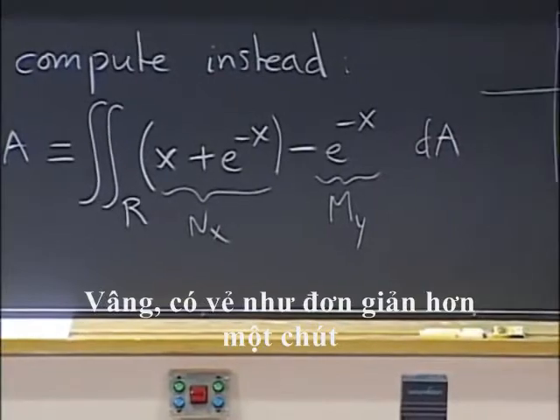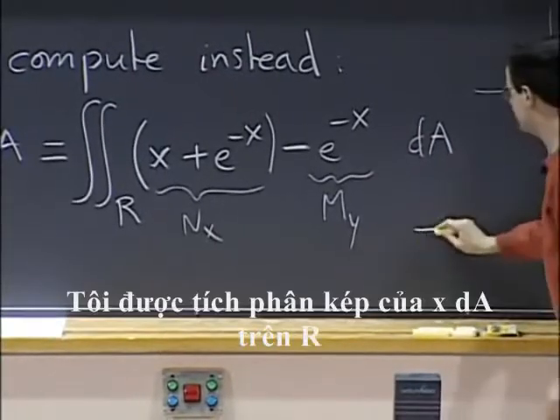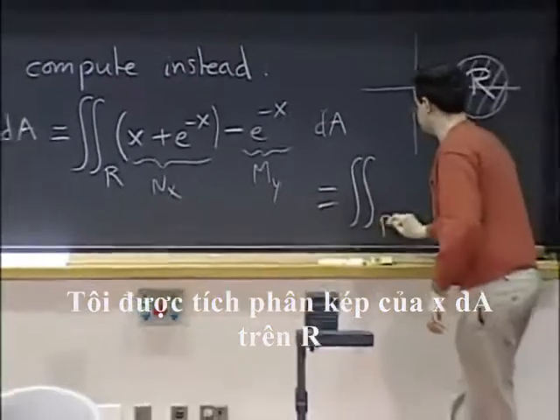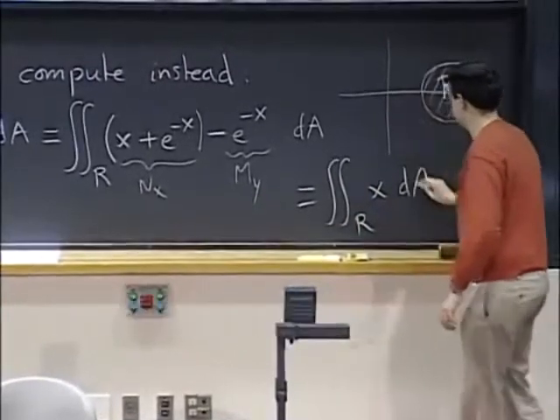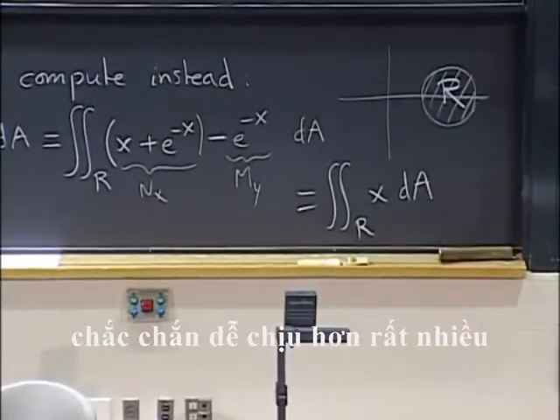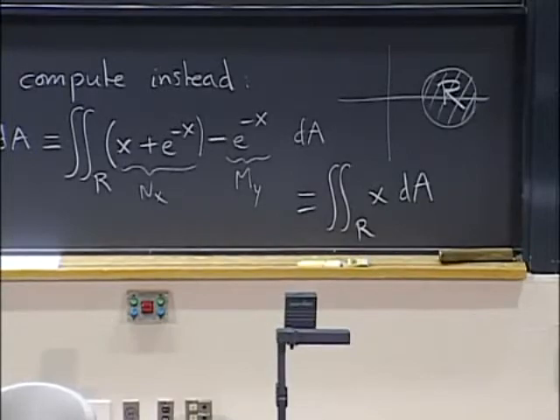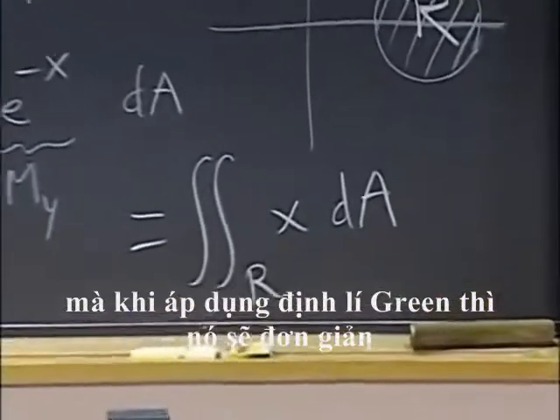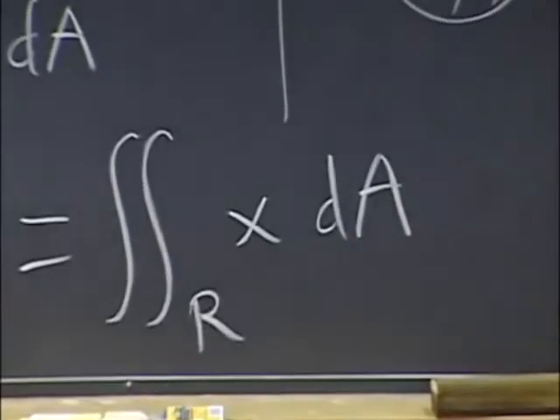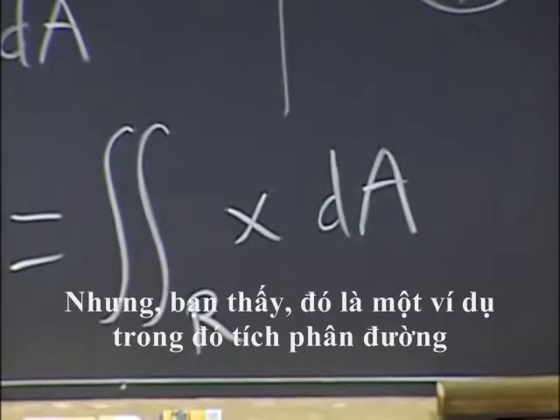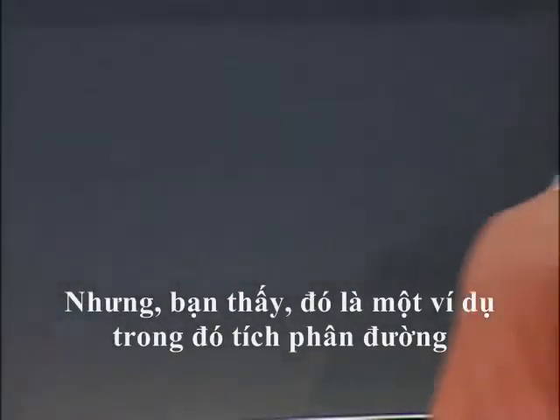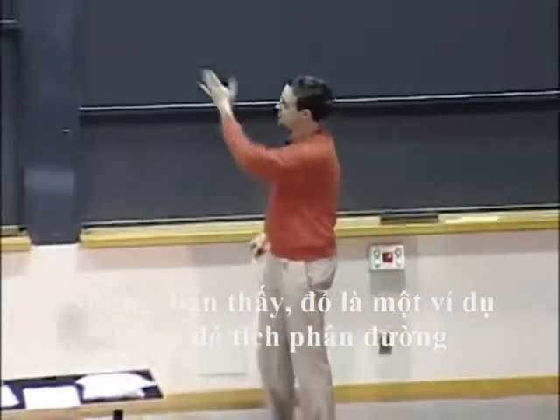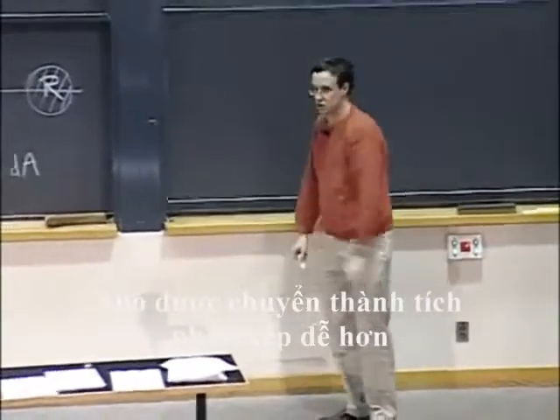Well, it seems to simplify a bit, right? I will just get double integral over R of x dA, which looks suddenly a lot more pleasant. And of course, I made up the example in that way, so that it simplifies when you use Green's theorem. But that gives you an example where you can turn a really hard line integral into an easier double integral.